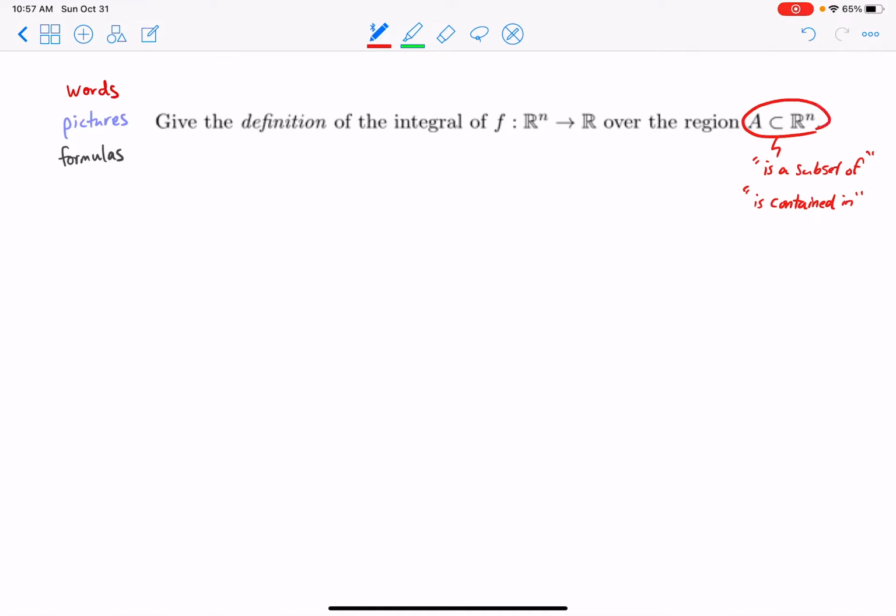So A is contained in Rn. A is a subset of Rn. Or you could say A lives inside Rn. So that's what this symbol means. It's just easier to write this.